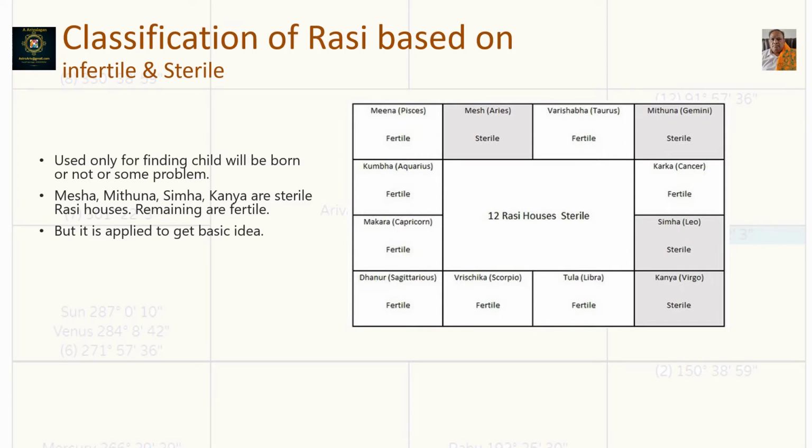So this is another classification, starts with sterile at Mesha Rasi, then fertile, and it changes alternately. So here Mesha, Midhuna, Simha, Kanya are sterile Rasi houses and the remaining are fertile. These are applied to get a basic idea about childbirth probabilities, chances.